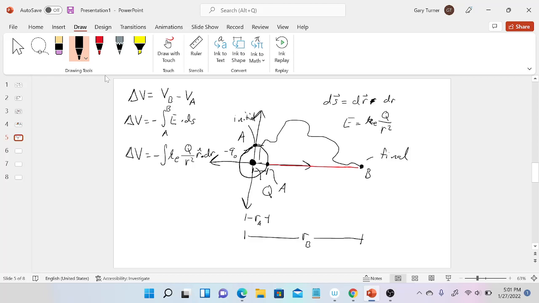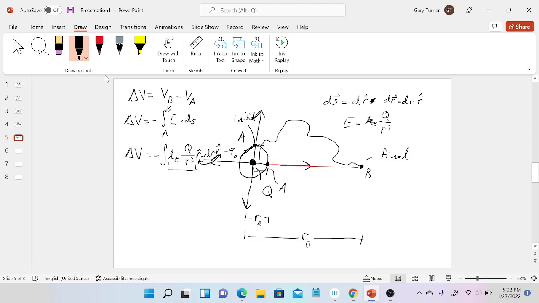And dr is going to equal the total value of my dr, the infinitesimal value, times its unit vector, r hat. So my unit vectors are going to dot to 1, right? Because this is a scalar and this is a scalar, and only my unit vectors take part in the dot product.